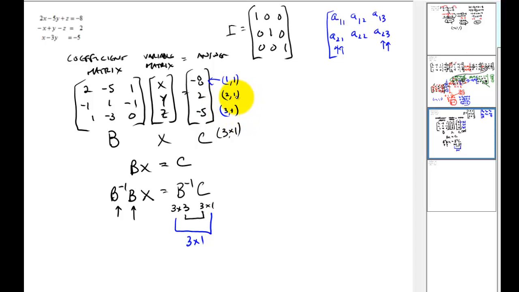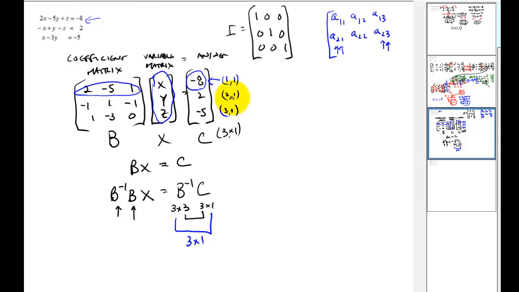That tells you how to multiply a matrix. To get that negative 8 right there, I'm going to take row 1 times column 1, and it's going to equal negative 8. That gives me my top equation.